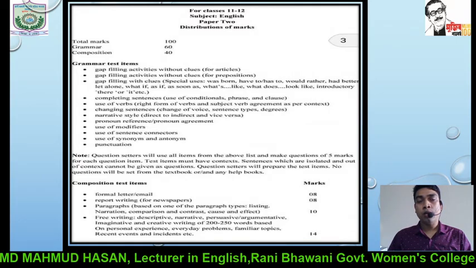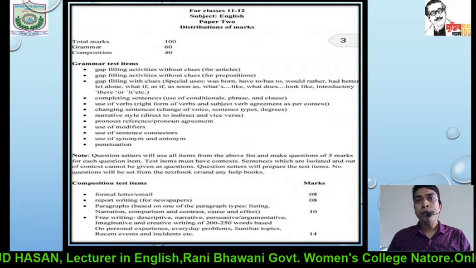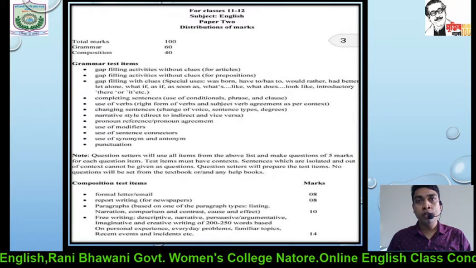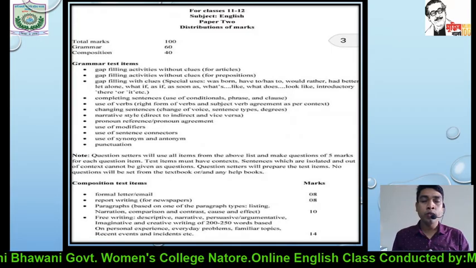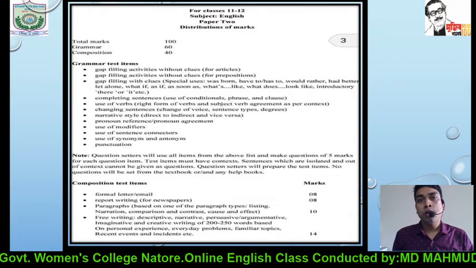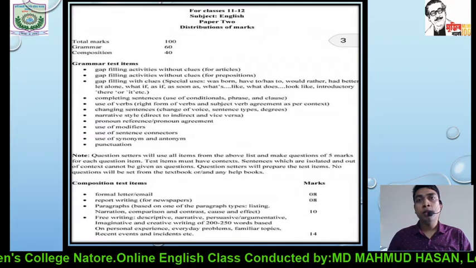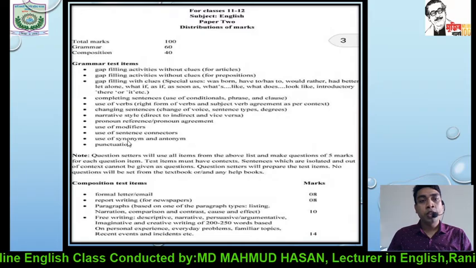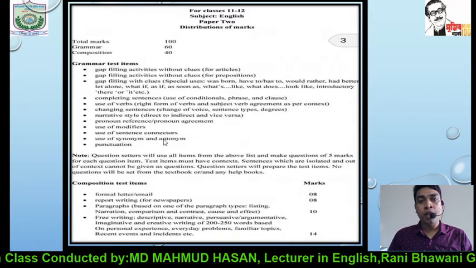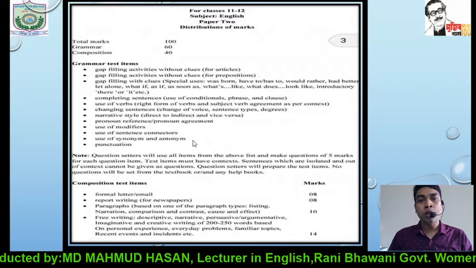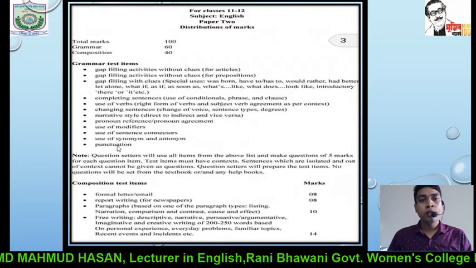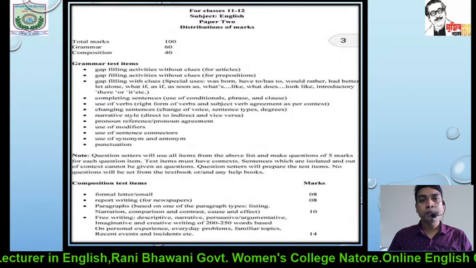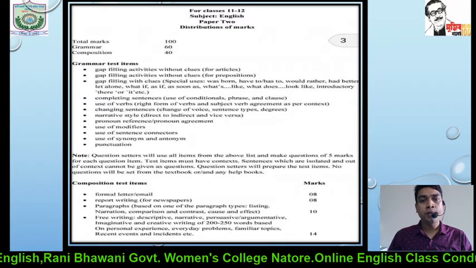So the vocabulary, if you are very much skilled, or if your vocabulary power is much better, then you can answer it easily using synonym and antonym, and this question item will also cover 5 marks. Then the final question of grammatical item is punctuation. It will also cover 5 marks.